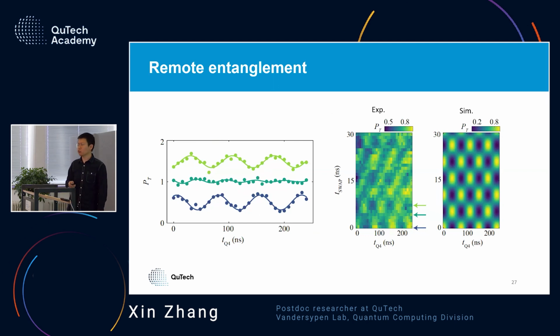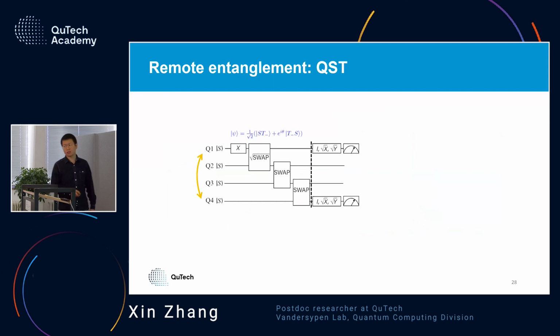Actually, we have another way to prove the entanglement by a quantitative measurement. It's quantum state tomography. We perform a similar circuit like before, and then we do single qubit rotations for Q1 and Q4, and then do the probability measurements.